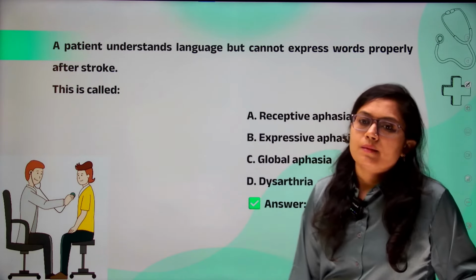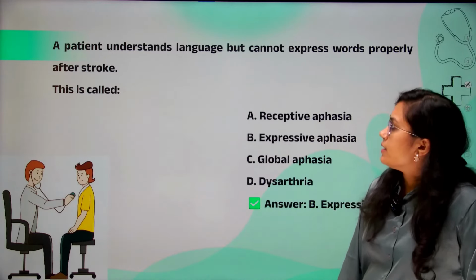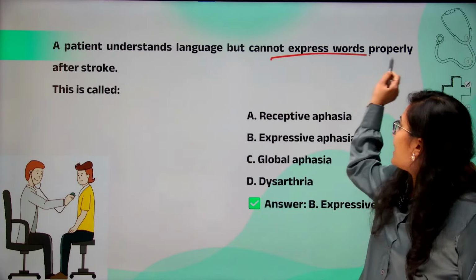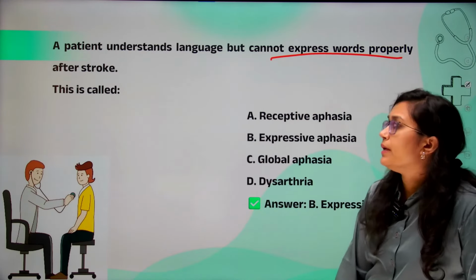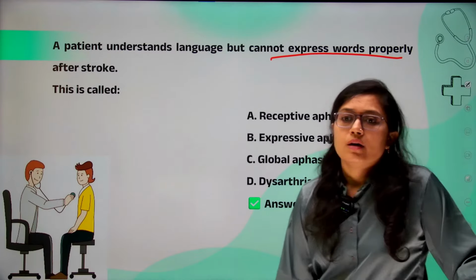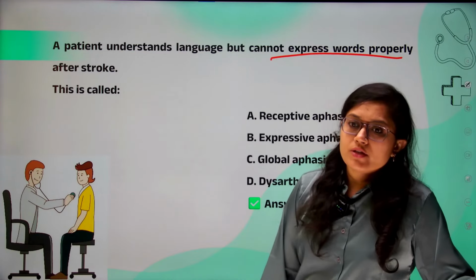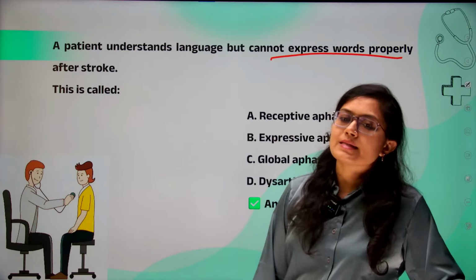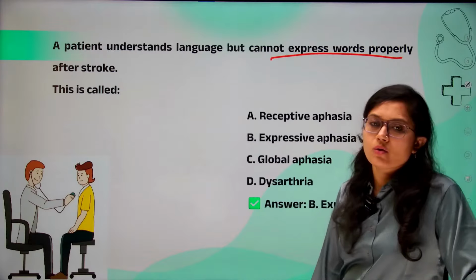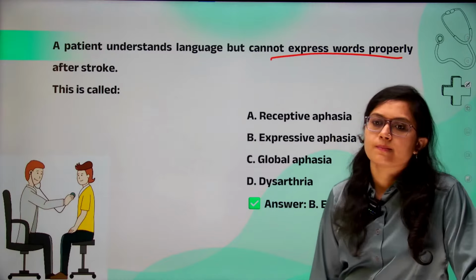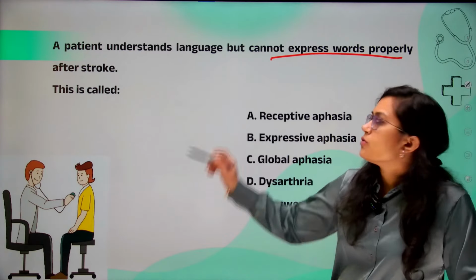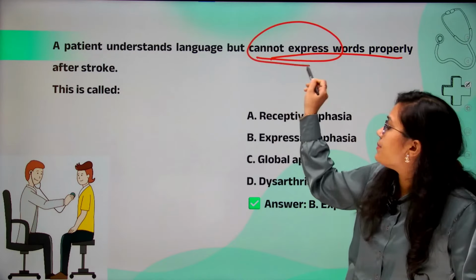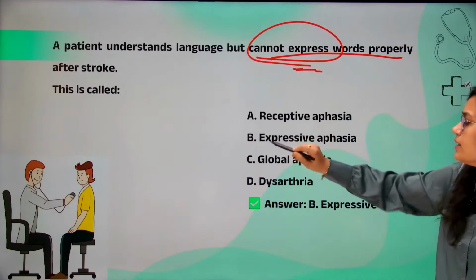Yes, that is B. Next is, a patient understands language but cannot express words properly after a stroke. So whether that is receptive aphasia, expressive, global, or dysarthria. Which kind of aphasia is it? The patient cannot express words properly, but the patient can understand.